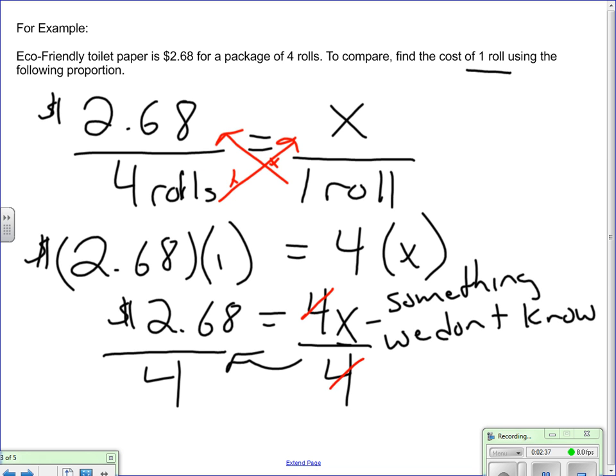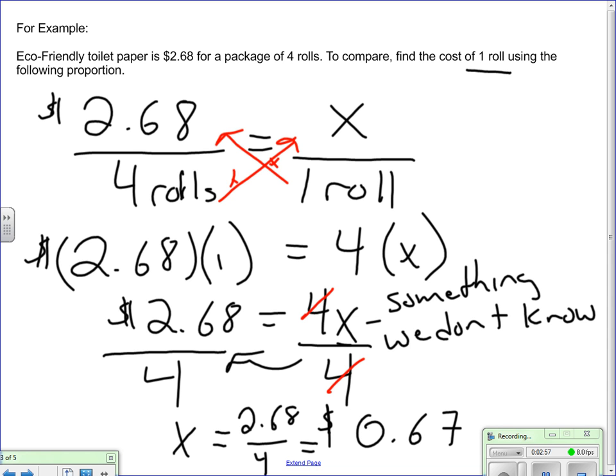My 4's are going to cancel, and I'm left with 268 divided by 4. So in this case, my X is equal to 268 divided by 4. When we do the math, we get 0.67. So the cost for one toilet paper roll is 67 cents.